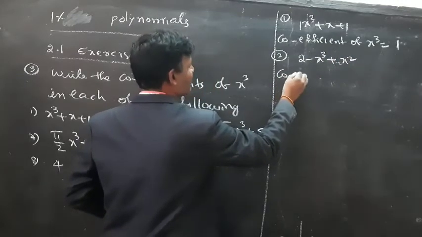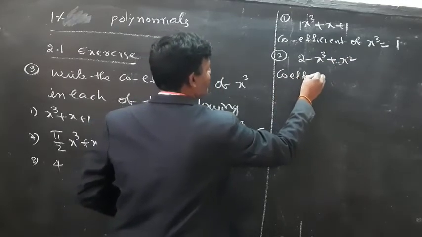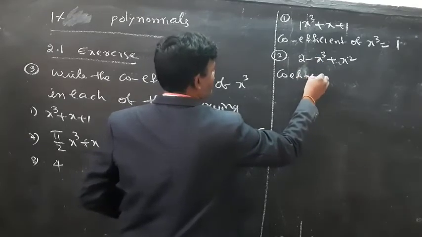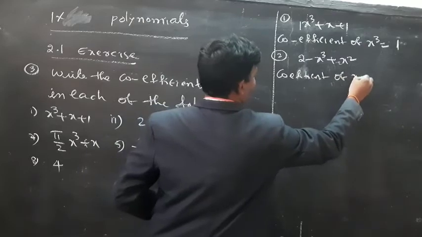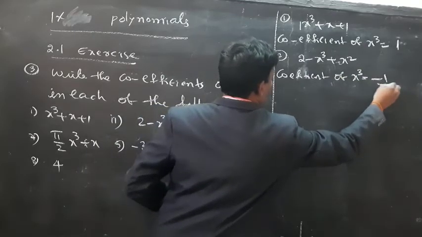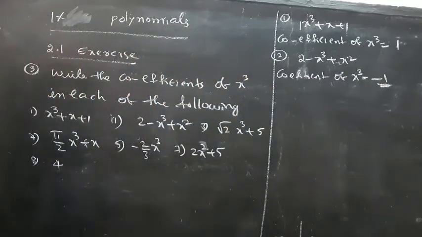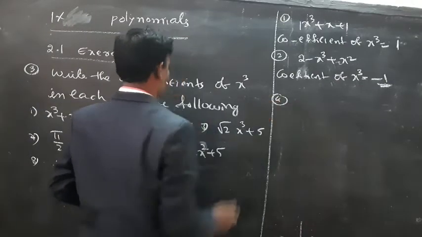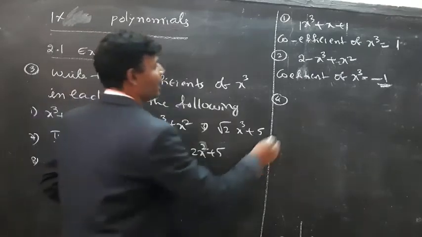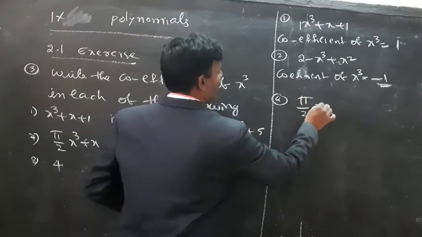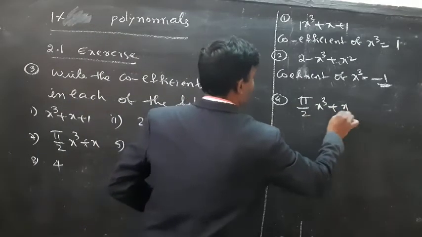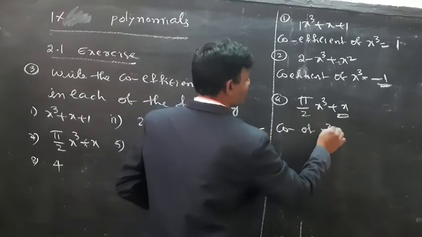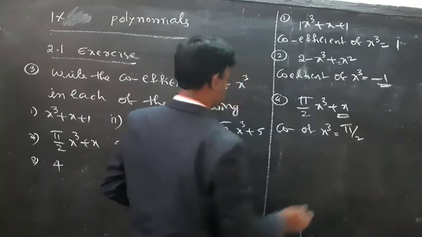Here the coefficient of x cube is minus 1. Similarly, move to the fourth question. What is the fourth question? Pi by 2 x cube plus x. So here the coefficient of x cube is pi by 2.